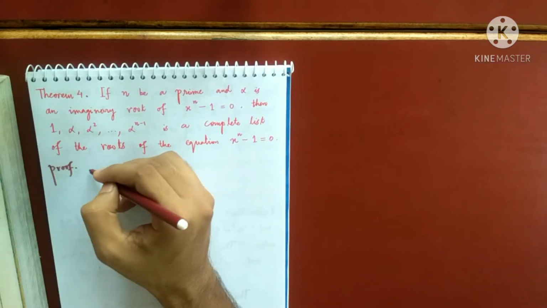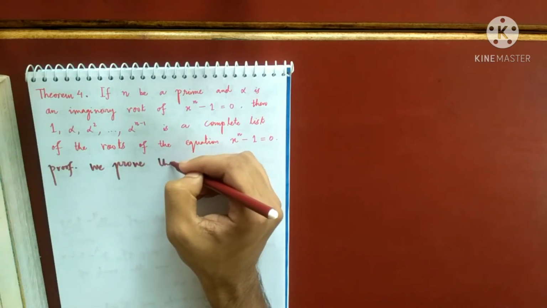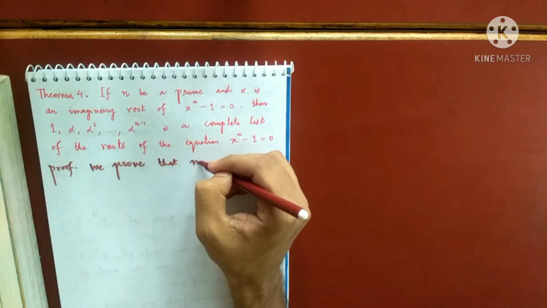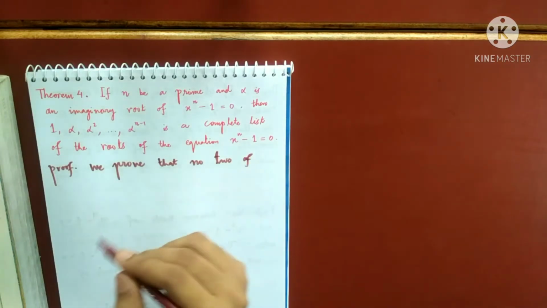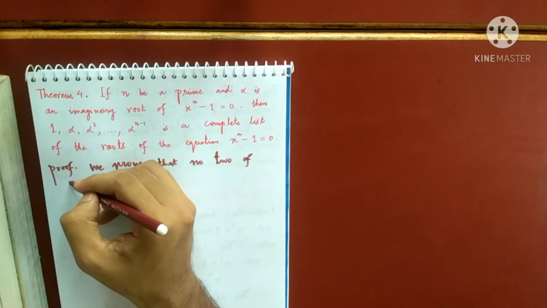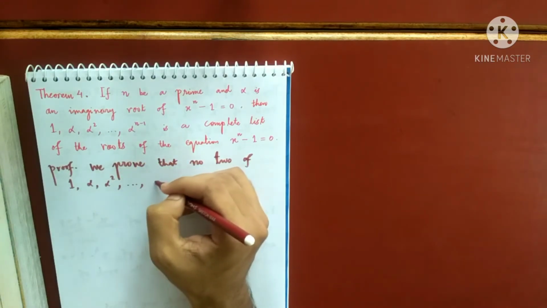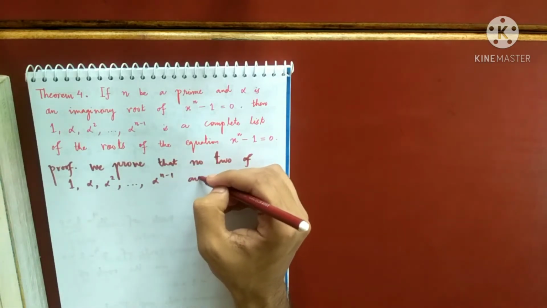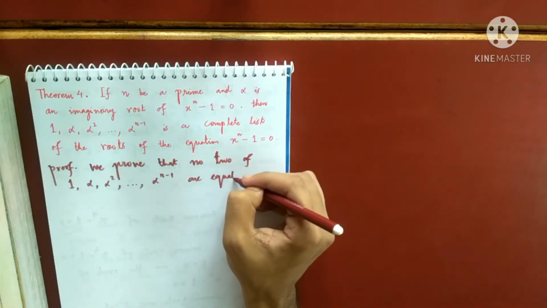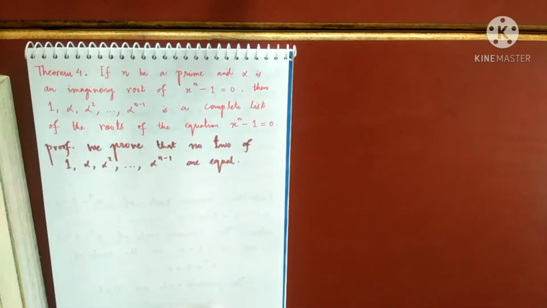We prove that none of 1, alpha squared, up to alpha to the power n minus 1 are equal. We prove that none of them are equal.